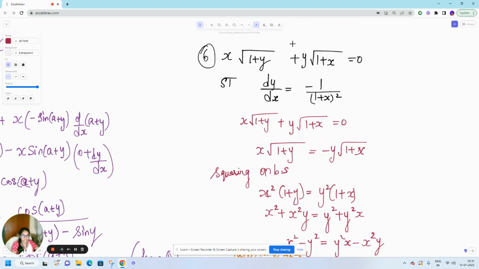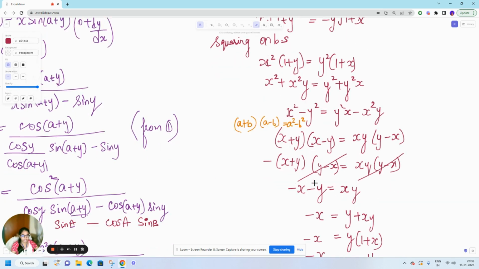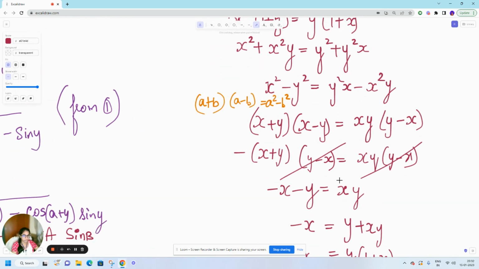Okay, so the first step was we sent the second term to the RHS and then we squared on both the sides. After some simplifications, we saw that we got a very basic algebraic formula, that is a plus b into a minus b, which is equal to a square minus b square.